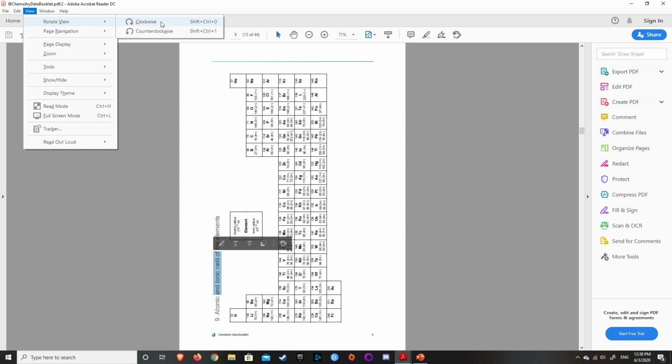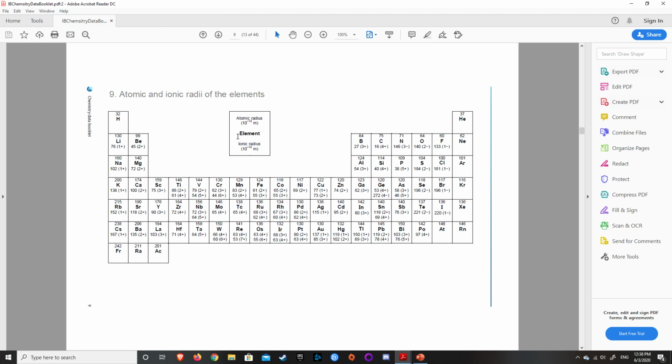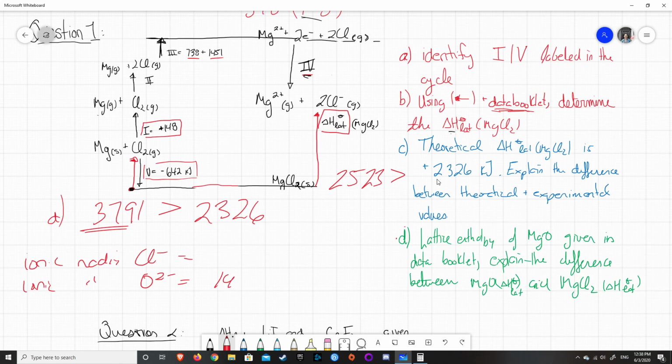This is the exact one that we need. The ionic radius is right down here at the bottom. The ionic radius of O2- is 140, and chloride is 181. Oxygen has a smaller radius, and a smaller radius means a stronger ionic bond.